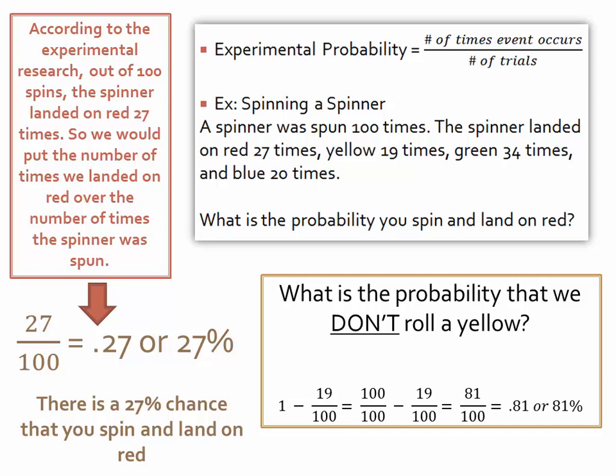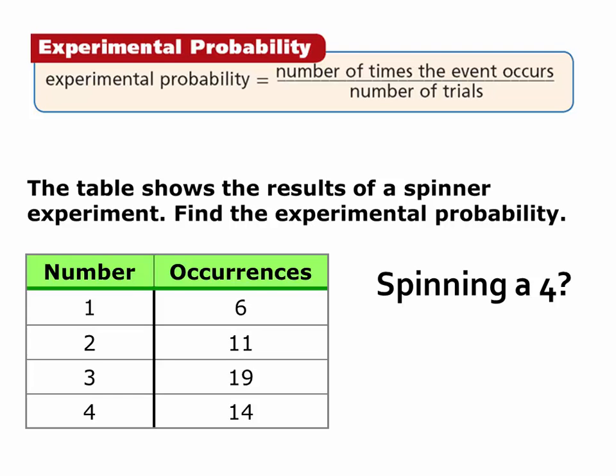This is very logical. If you think about it logically, it's going to be easy and simple. Do we have questions? Okay, I want you to try this one on your paper. I want you to find the probability of spinning a 4, okay?